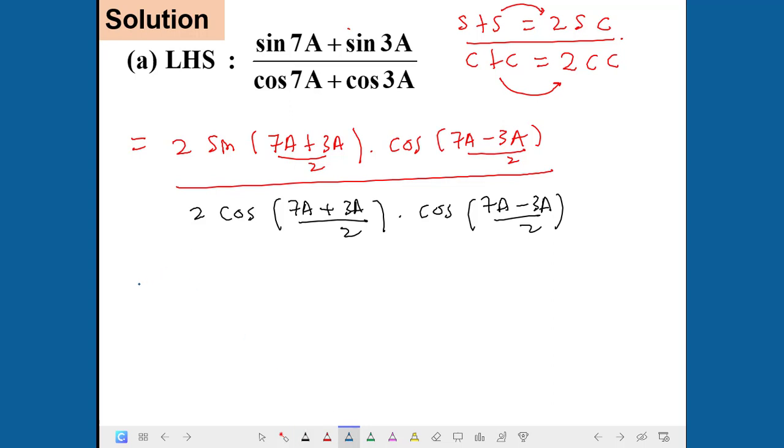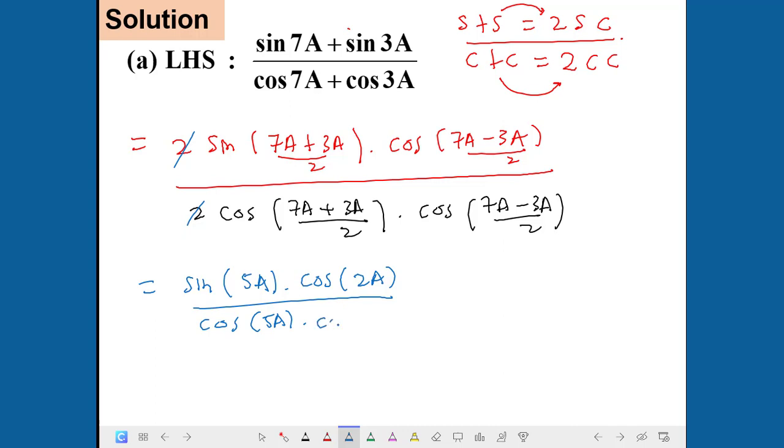Simplify, cancel. This one is equal to sine 10A over 2, which is 5A, times cos of (7 minus 3) over 2, which is 2A, over cos 5A times cos 2A.